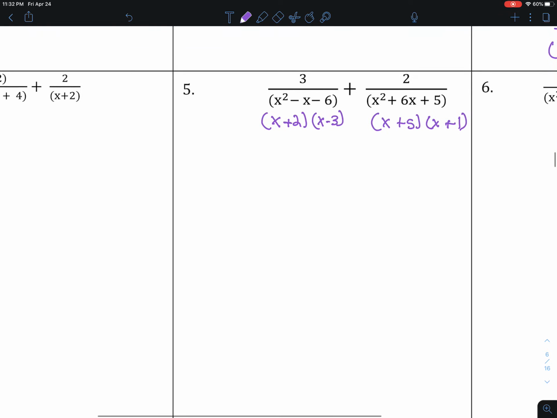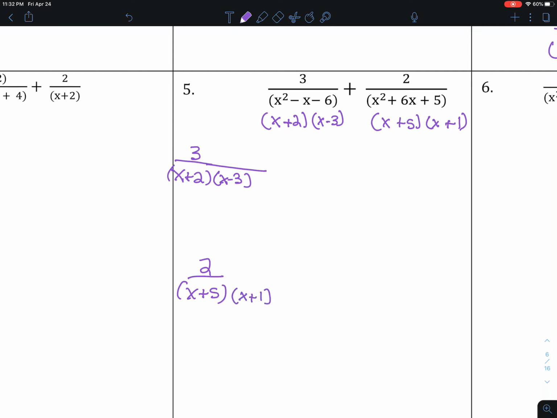These are going to be really fun to do. So we have 3 over x plus 2, x minus 3, and we have 2 over x plus 5 and x plus 1.